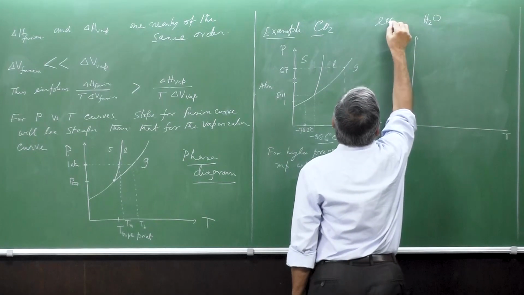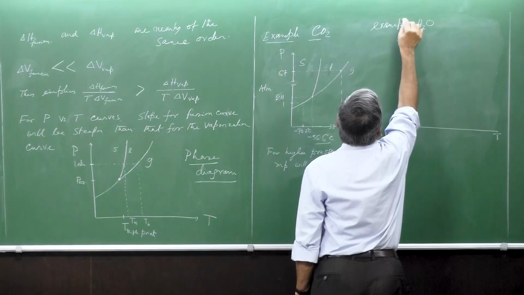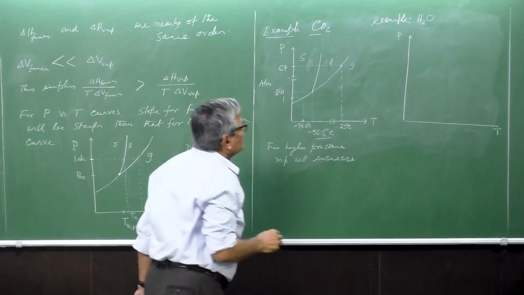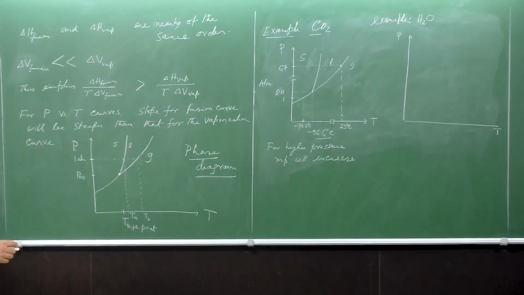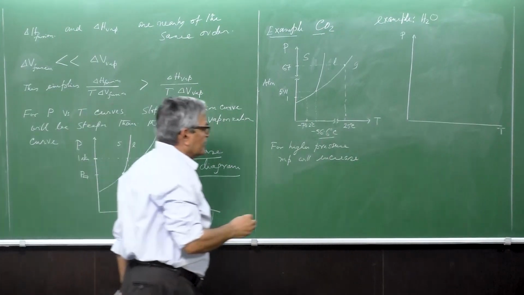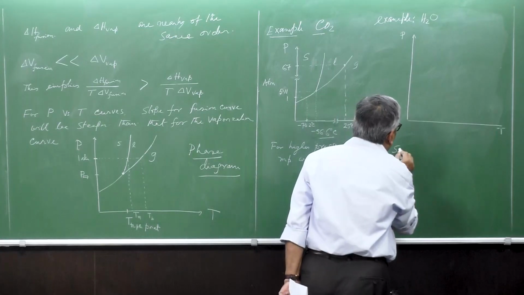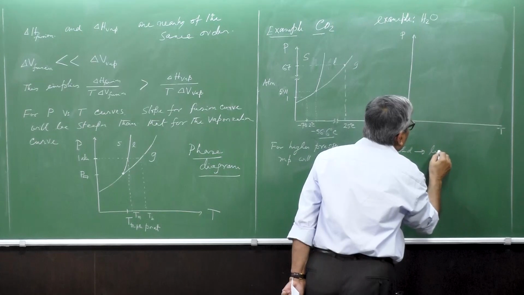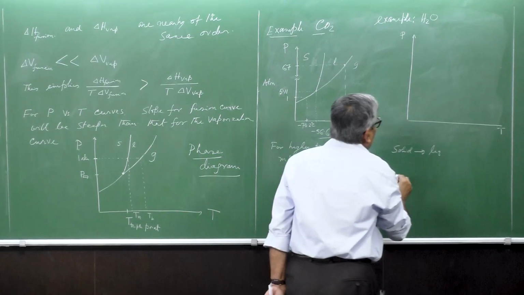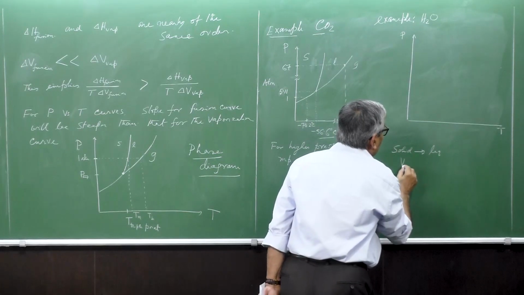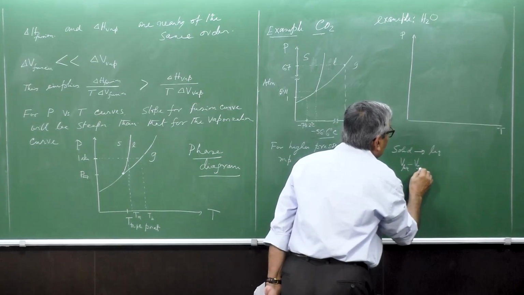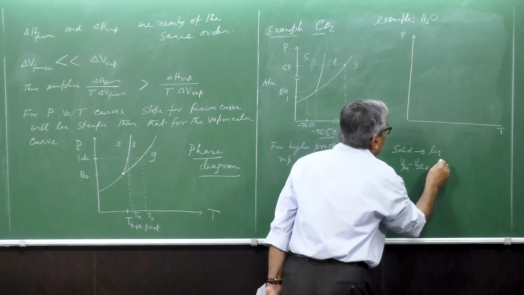Example 2, water is a peculiar object. When it goes from solid to liquid, that means V liquid minus V solid is less than 0.